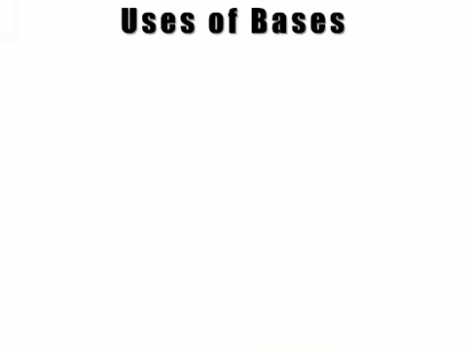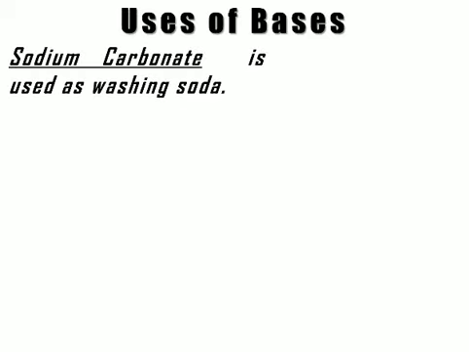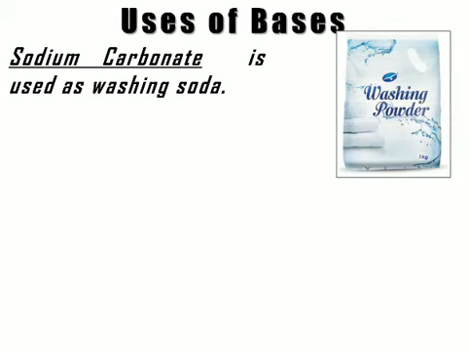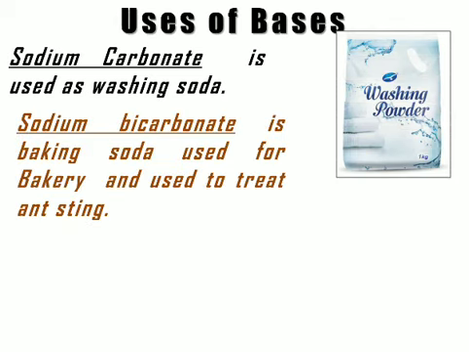Similarly, there are other bases like sodium carbonate, which is washing soda. It is used in making washing powder. Sodium bicarbonate is used as baking soda in bakery products. Remember, sodium bicarbonate and baking soda are the same. It is used to treat an ant sting. An ant bite has acid content in it, and after applying this base, it reacts with the acid of the ant sting and neutralizes its effect.